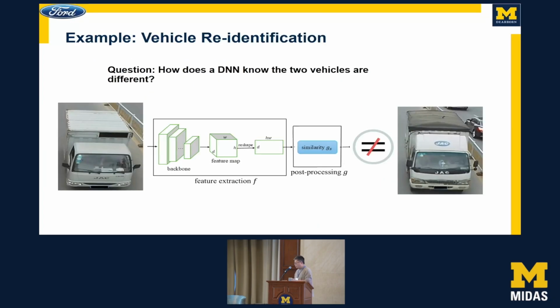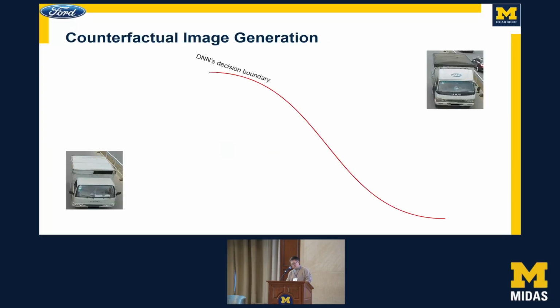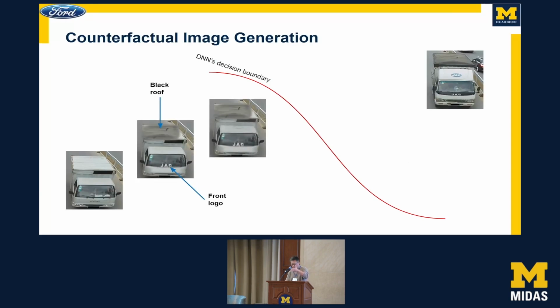Okay, so I give you the example in autonomous driving, and one big question is vehicle re-identification. That vehicle in the front, how do we know they are the same vehicle or different? First, we move the vehicle to the boundary.